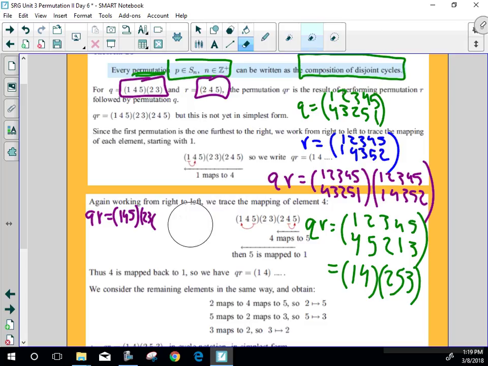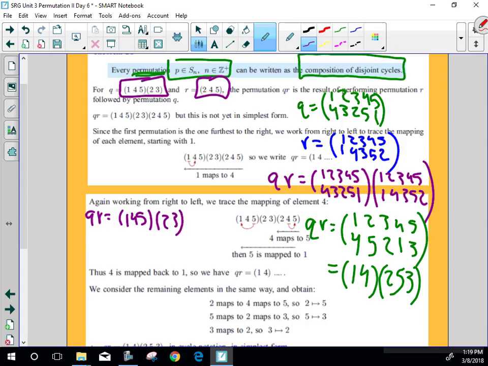Let's use another color here. Here's what I want you to do: see if you can come up with a method for getting this answer with the cycles.